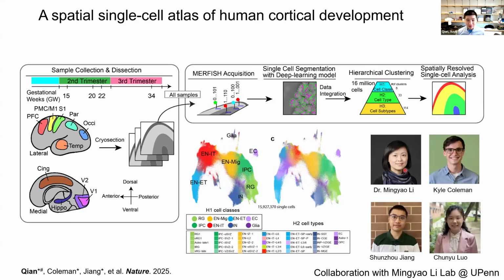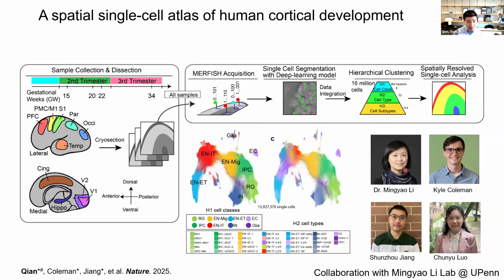So together, in collaboration with Dr. Mingyao Li's lab at UPenn, we analyzed a total of 18 billion single cells with MERFISH, really making it by far the largest data of its kind in the field. And yeah, we did all sorts of bioinformatics analysis to extract the biological insights from these massive data sets.